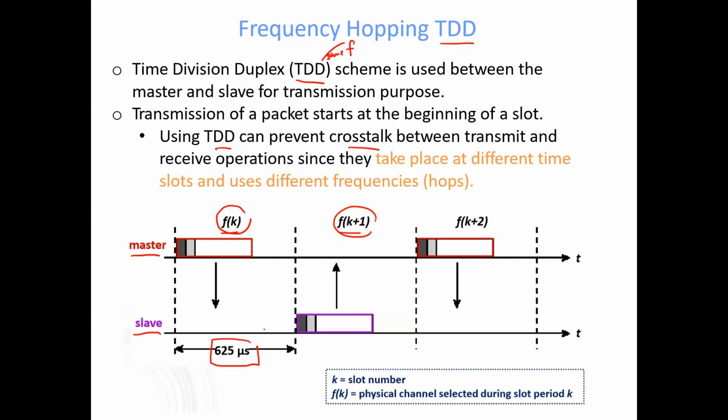In this figure, it is mentioned that the master uses frequency, say F1, to transmit to the slave in this 625 microsecond period. After that, the slave wants to transmit back with a different time slot and a different frequency also, say F2.